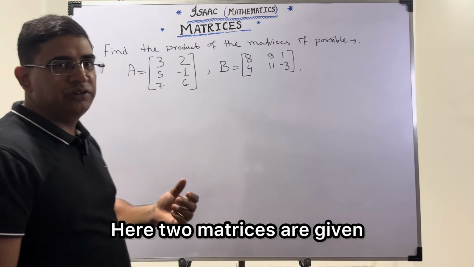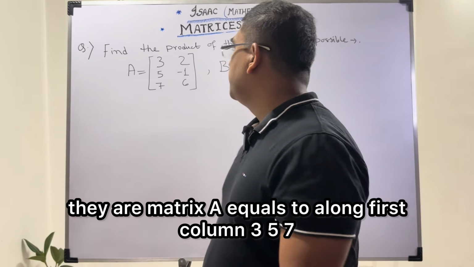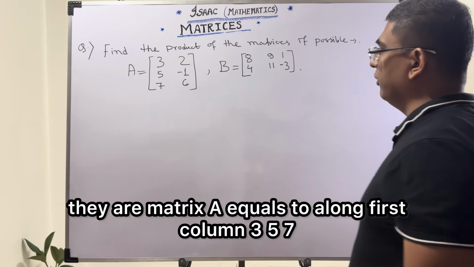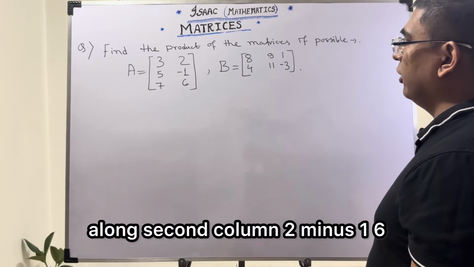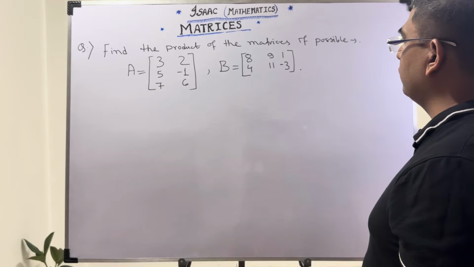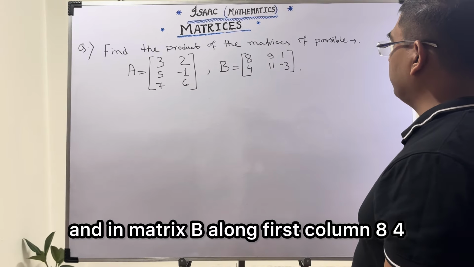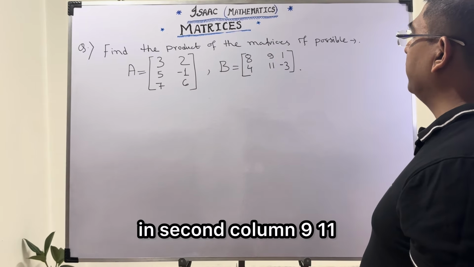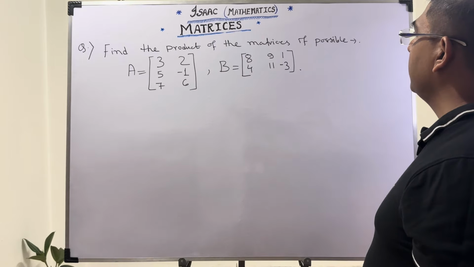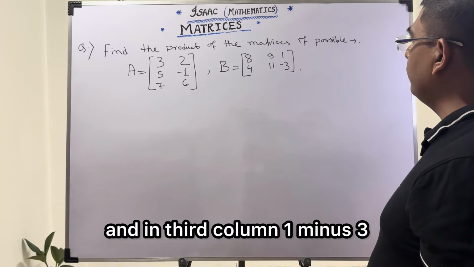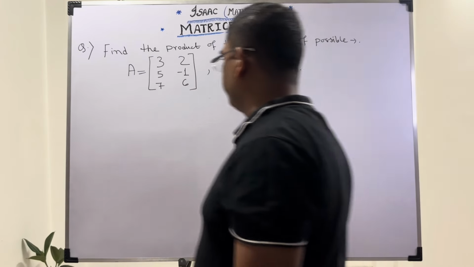Here two matrices are given. Matrix A equals: along the first column 3, 5, 7, along the second column 2, minus 1, 6. And in matrix B: along the first column 8, 4, in the second column 9, 11, and in the third column 1, minus 3.